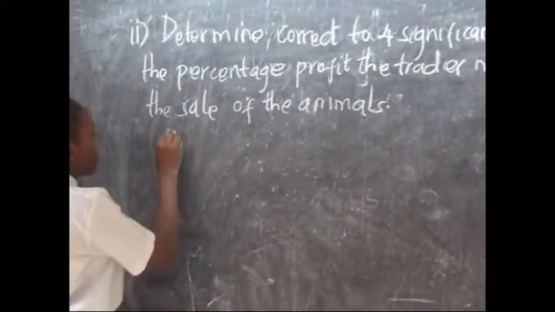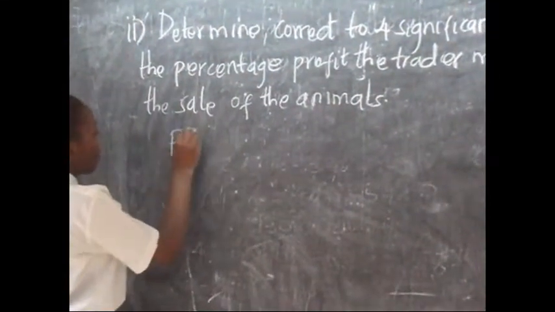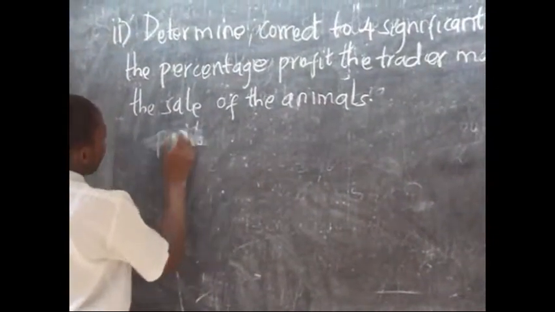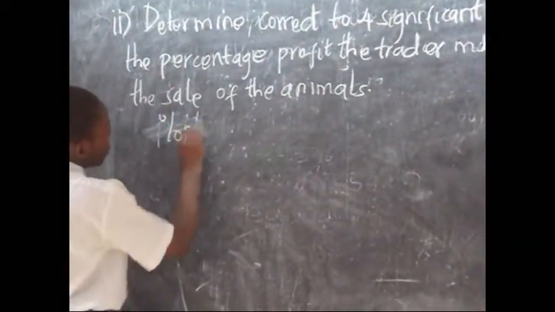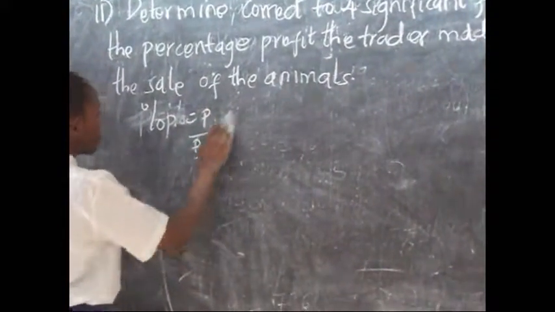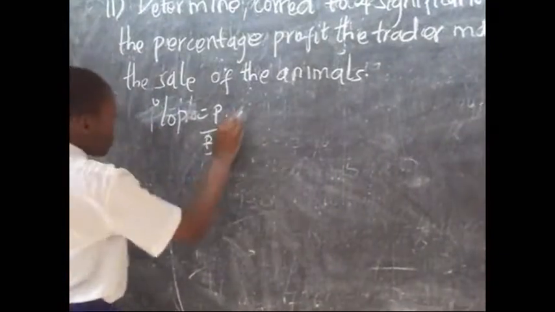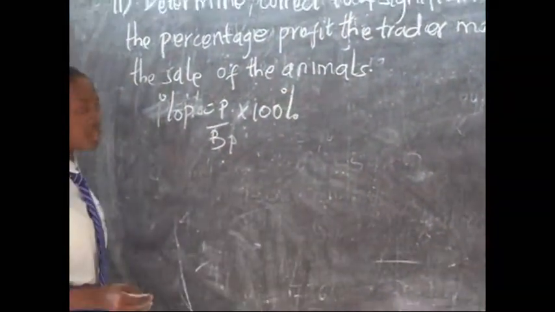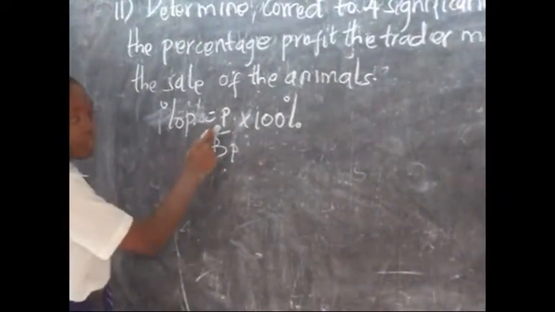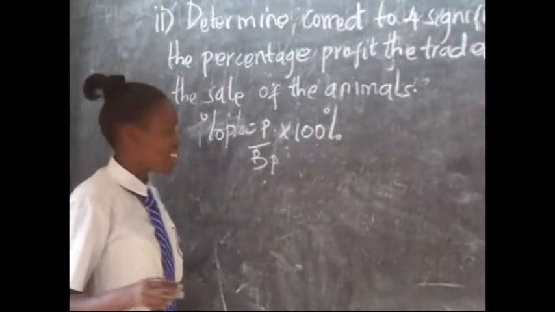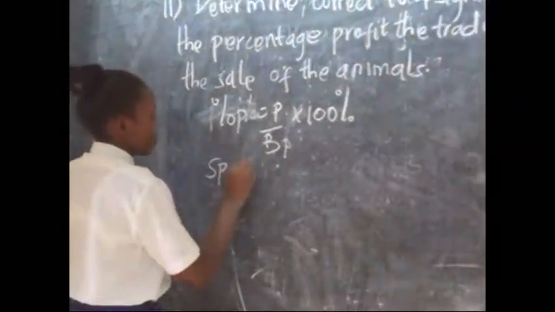Remember, percentage profit is equal to profit over buying price times 100%. For us to get the profit the trader had, we are going to take the selling price minus the buying price.